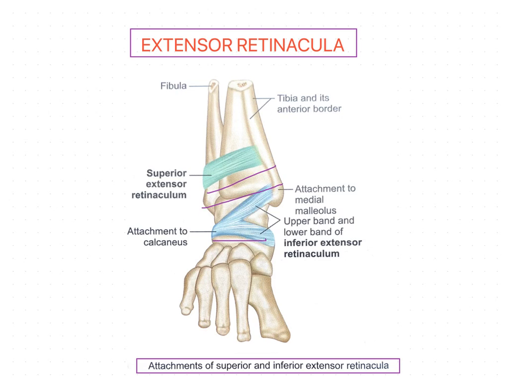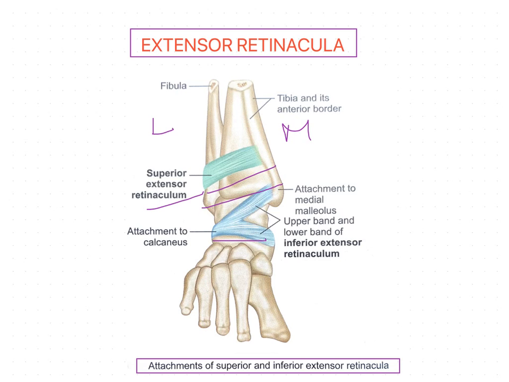Okay, so now we will see one by one. Superior extensor retinaculum. The green band structure shown here is called the superior extensor retinaculum. If you see the attachments, this is the medial side and this is the lateral side.